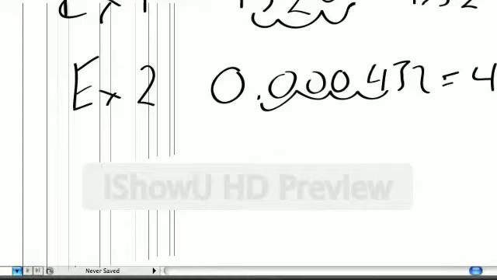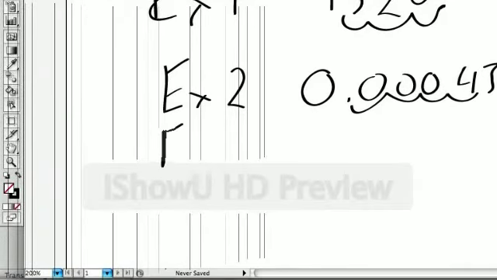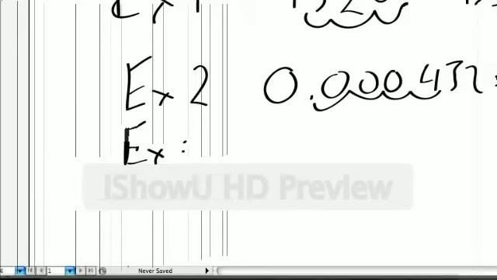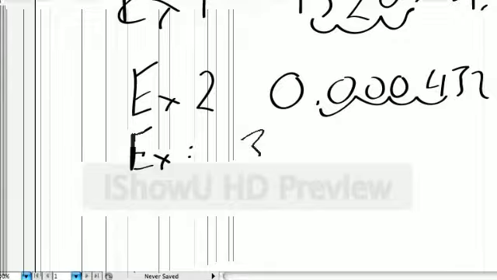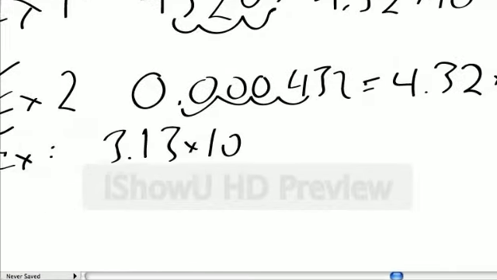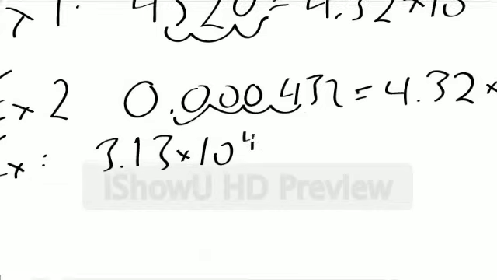Now, to go backwards, or to go from scientific notation to standard notation, let's look at an example such as 3.13 times 10 to the 4th power.